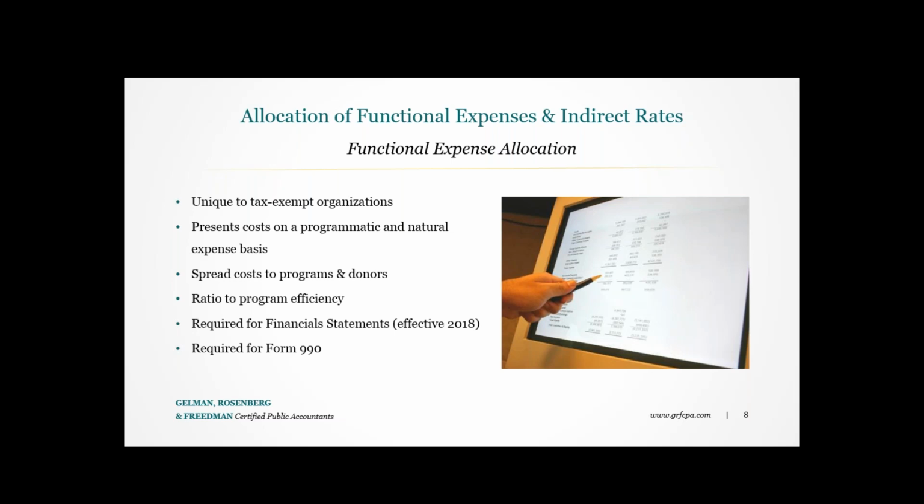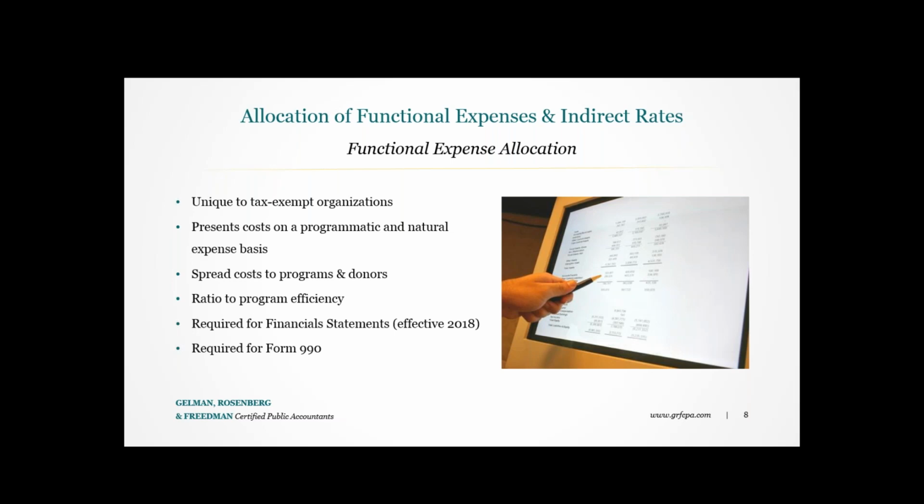So very unique to nonprofits, and what it does is it presents the cost of an organization not only by its natural expense category, but also presents it on a programmatic or a supporting services basis. So we'll take a look at an example in a little while, but it tends to be in a matrix format with natural expenses down the sides being the rows, and our programs and supporting services across the top.